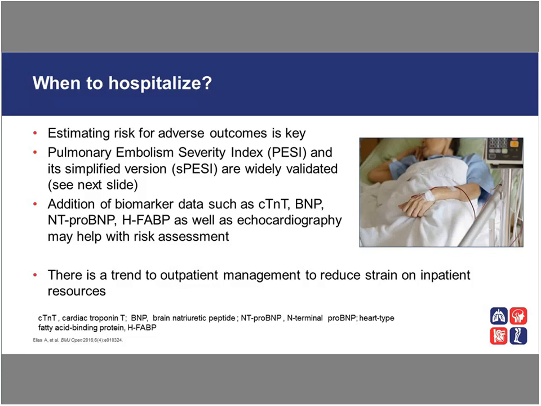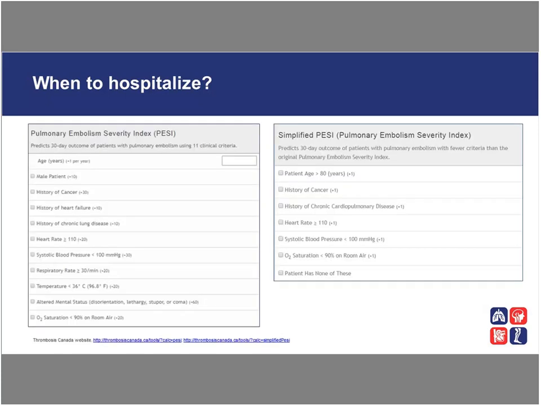instigated, or at least facilitated, by the important pressure on our healthcare system to reduce the strain on our inpatient resources. And although it may not be so clear to see, you can see here the PESI score and the SPESI score.